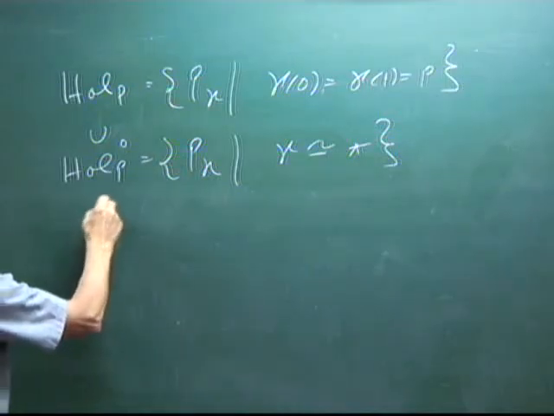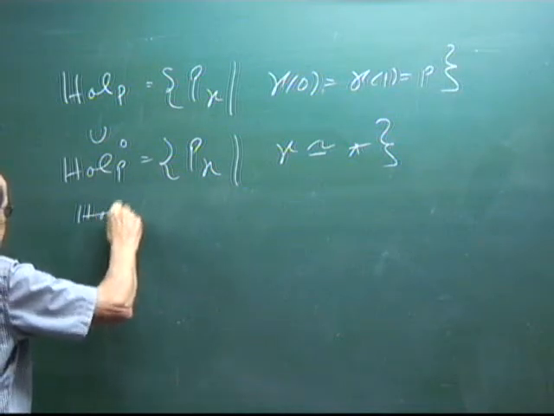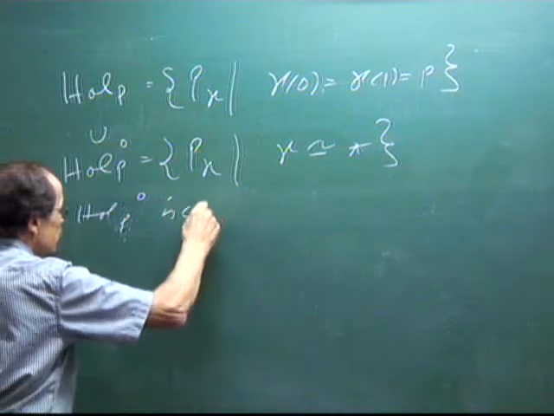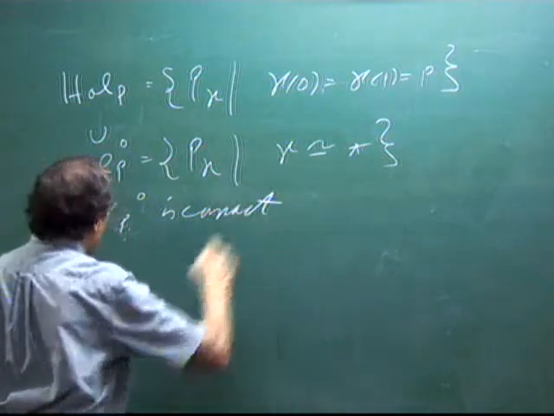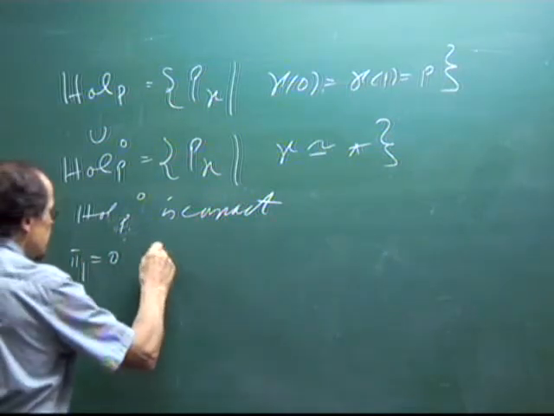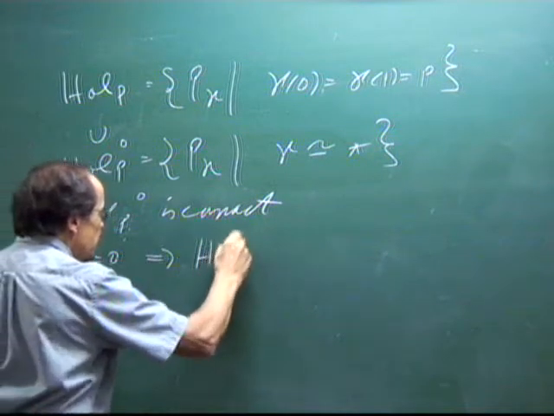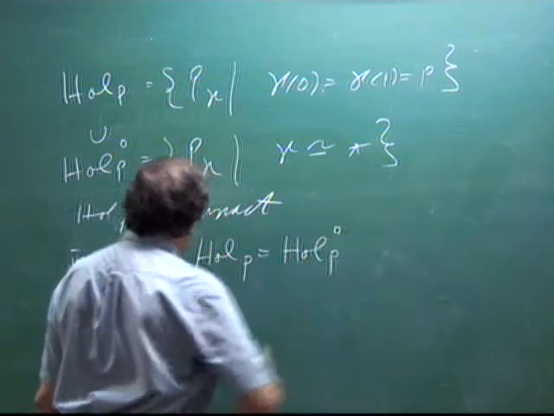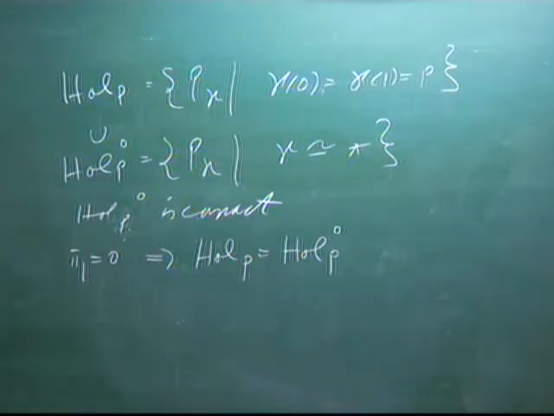And this was compact. And if pi_1 is equal to 0, then Hol_P is connected. So these are the three main properties about holonomy groups that we mentioned.